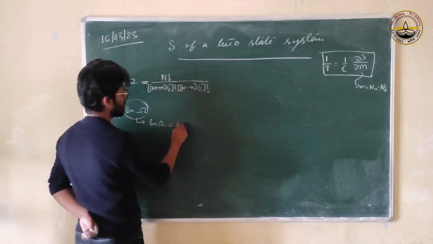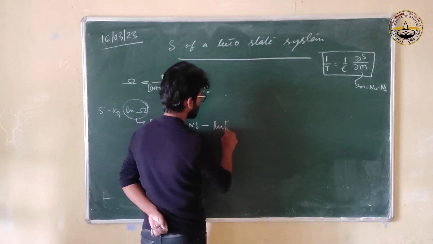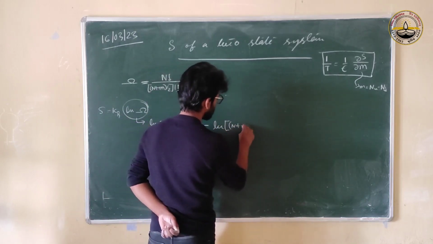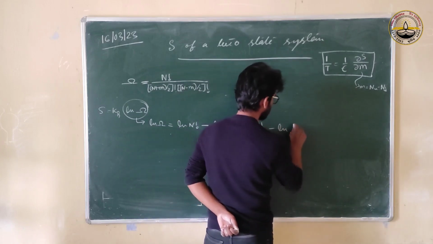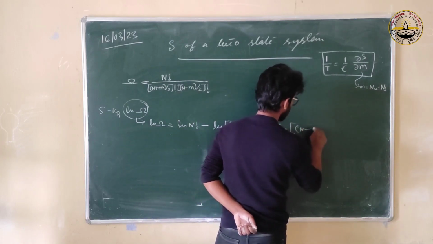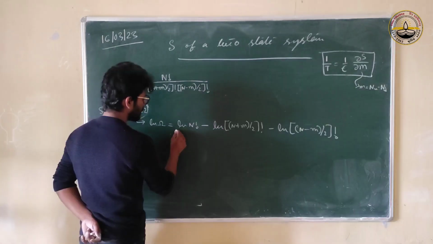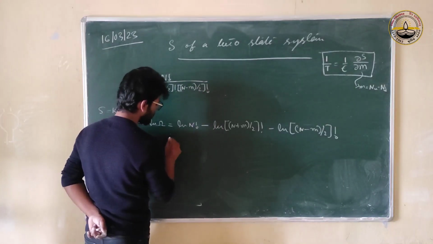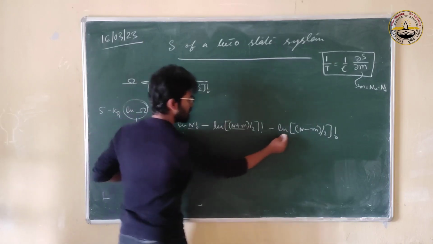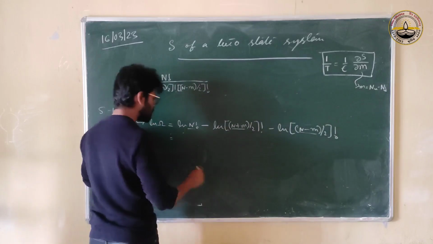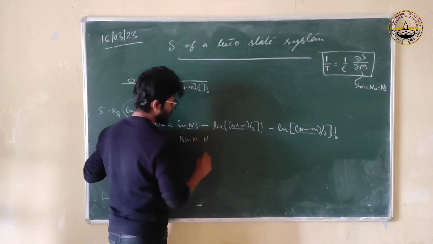So that's ln N factorial minus ln (N plus M by 2) factorial minus ln (N minus M by 2) factorial. So I can apply Stirling's approximation and write these things. So these are all big numbers, so we can apply N ln N minus N.